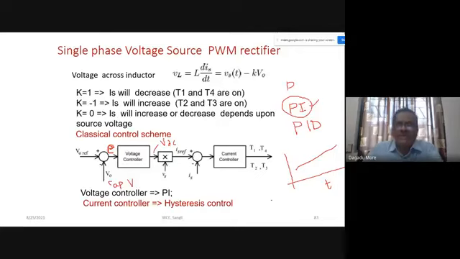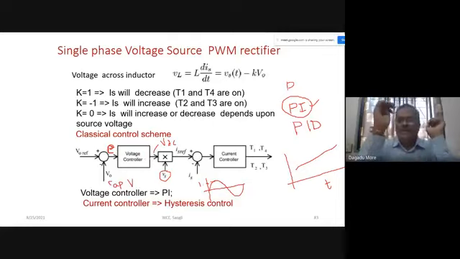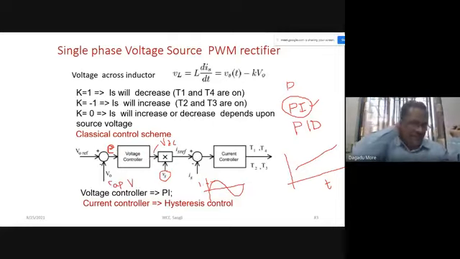What is the wave shape of Vs? Vs we take from the supply, but we reduce its magnitude, and this will be in phase with the supply, and its magnitude is unit magnitude, meaning its peak amplitude is 1. So Vs is a unit magnitude sinusoid which is in phase with the supply voltage.